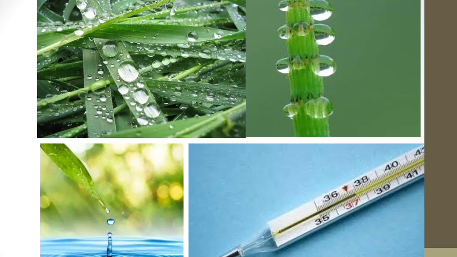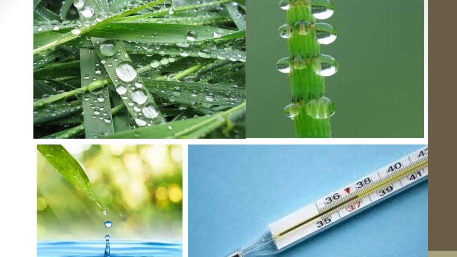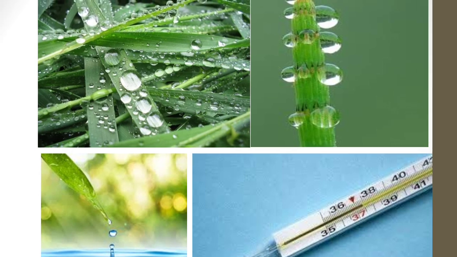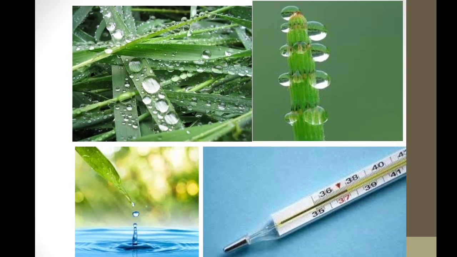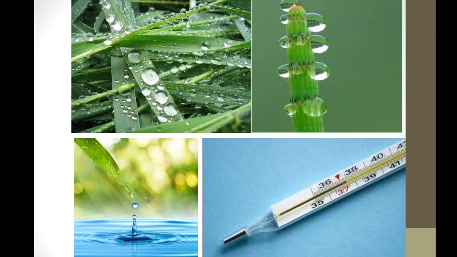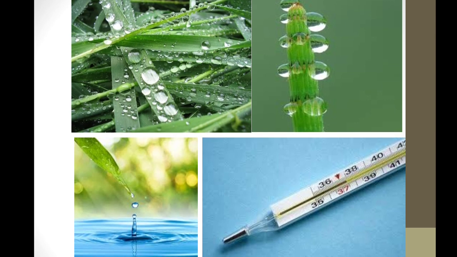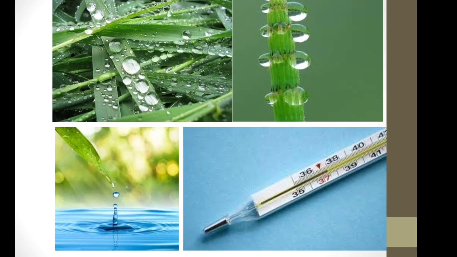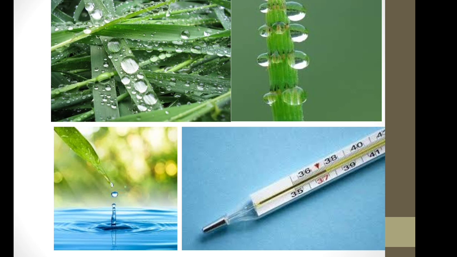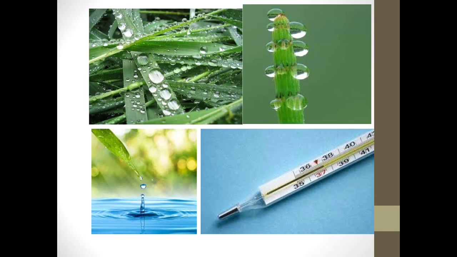In these pictures you can see the water droplets formed on leaves, which states these droplets are formed because of the high cohesive nature of water. And you can see the glass thermometer here. When temperature is raised, the mercury in it also rises distinctly from the glass without sticking to the glass.